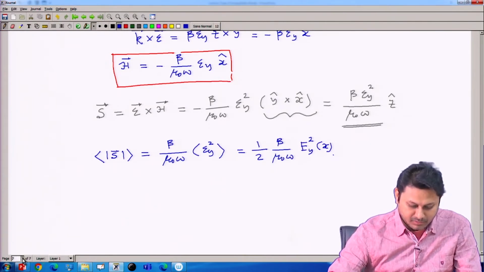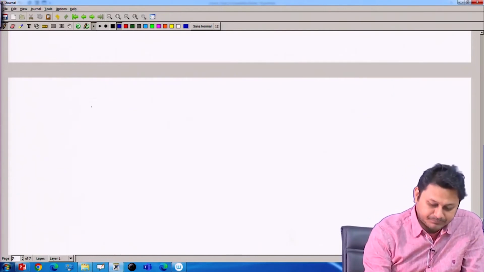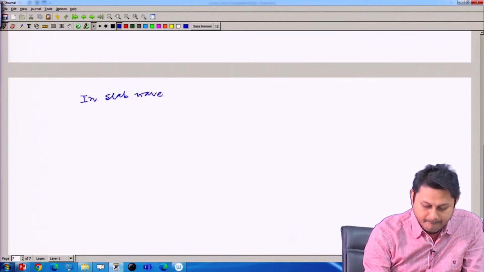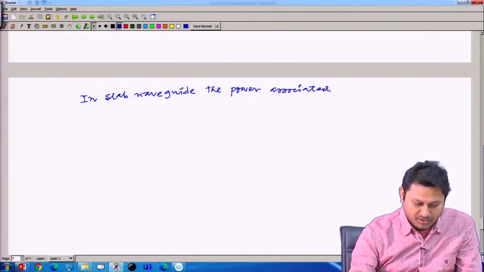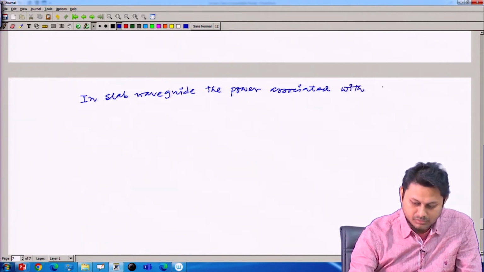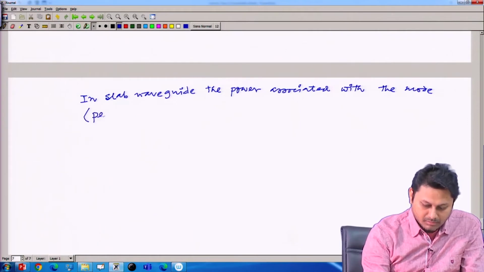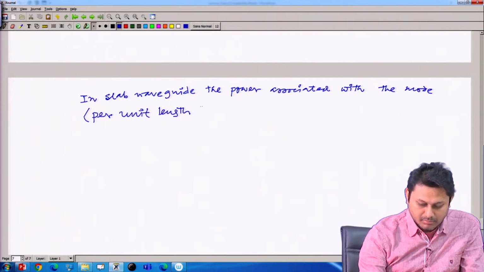So, let me now write down the thing. In the slab waveguide, if I want to find out what is happening, the power associated with the mode per unit length in y.